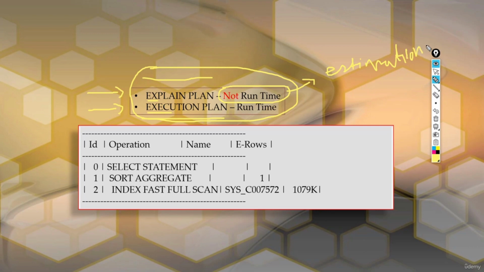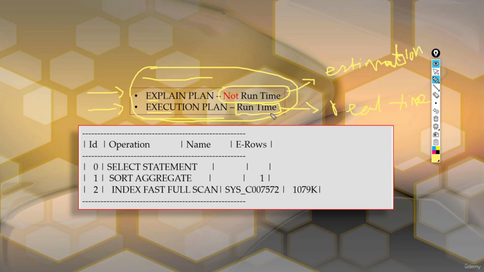It is just for your understanding of how the optimizer is generating the access path for the SQL, but you should not be using this explain plan for troubleshooting. Again, execution plan is a real-time plan which is decided by the optimizer during the runtime. So when the cursor is executing the SQL statement, there will be an access path which will be decided by the optimizer.